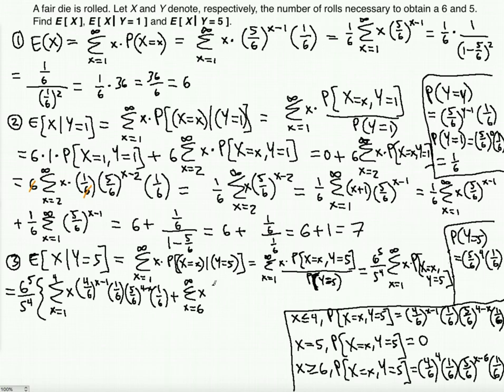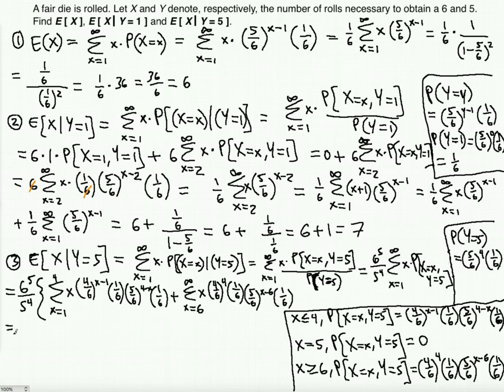6 to infinity. So that's going to be x, 4/6 to the 4. Copying this. 1/6, 5/6 to x minus 6, and 1/6. Excellent. Okay, hopefully I will have enough room to do some algebra.